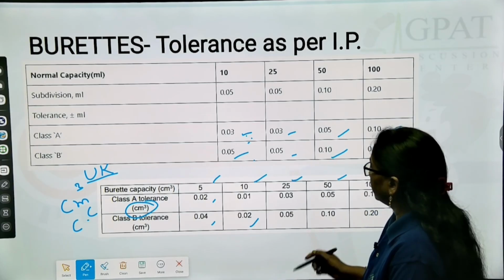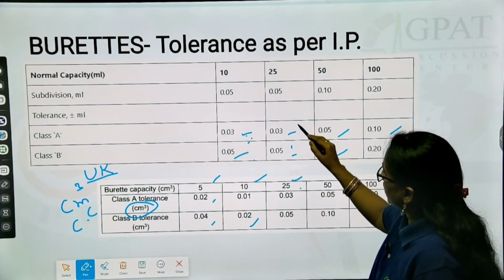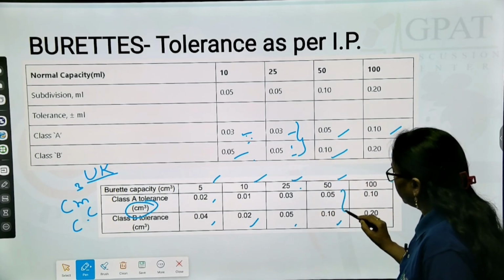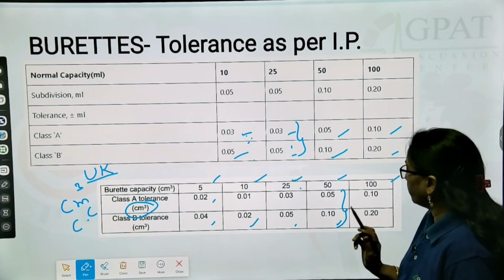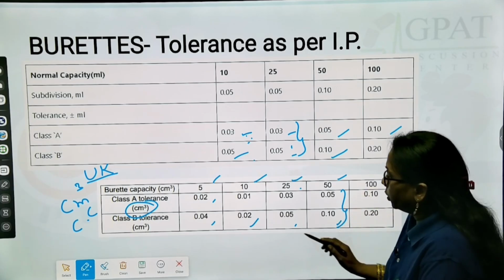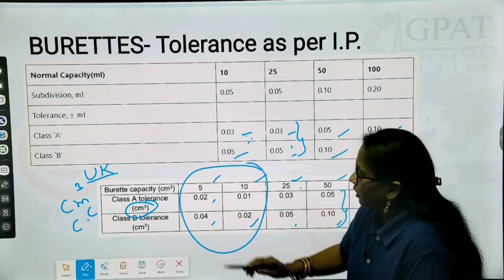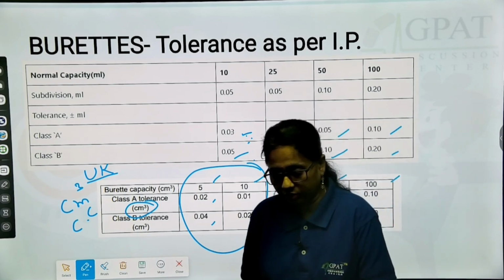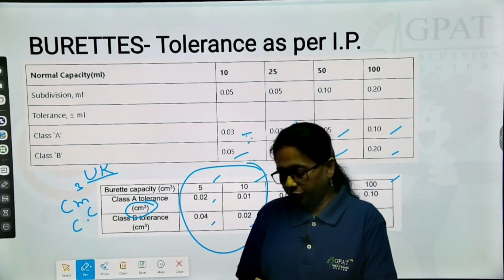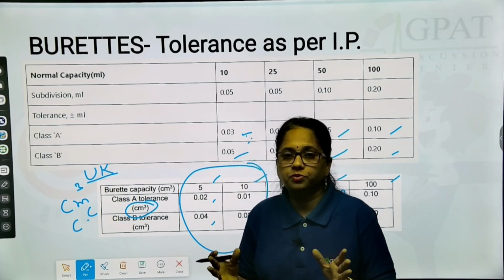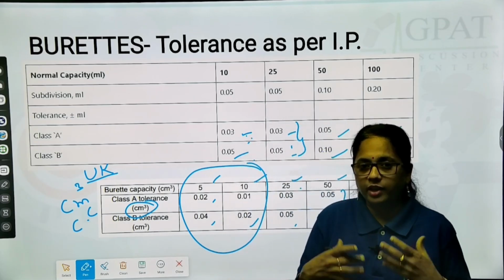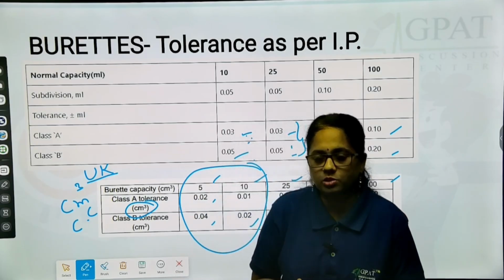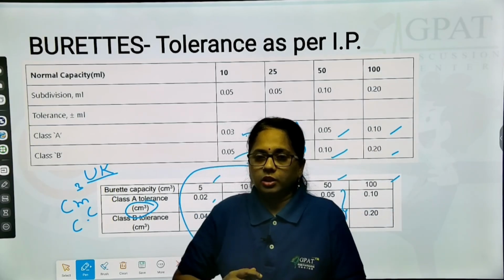For 25 ml these two are the same, 0.03 and 0.05, 50 ml 0.05 and 0.1 are also similar, and 100 ml is also the same, 0.1 and 0.2, but at the lower volumes the accuracy is greater here. If you follow the narrow range of limits, that means more accurate results, and your product is also going to be a highly qualified product.